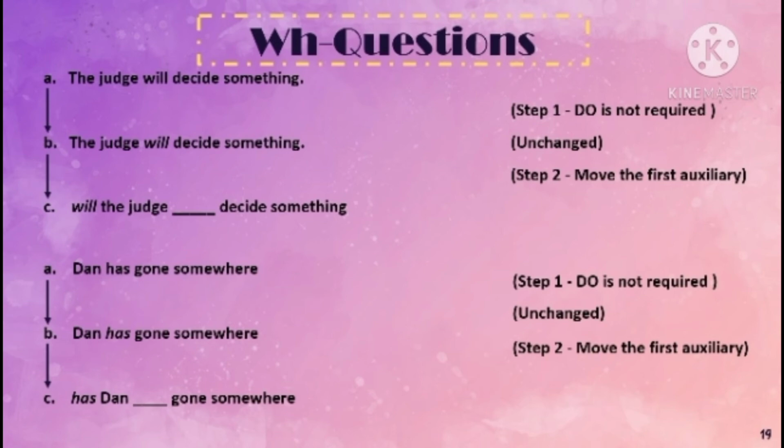The first declarative sentence that we have is the sentence, "The judge will decide something." The first step that we need to do is to determine if the word do is required or not. In our first sentence, in this case, the word do is not required.